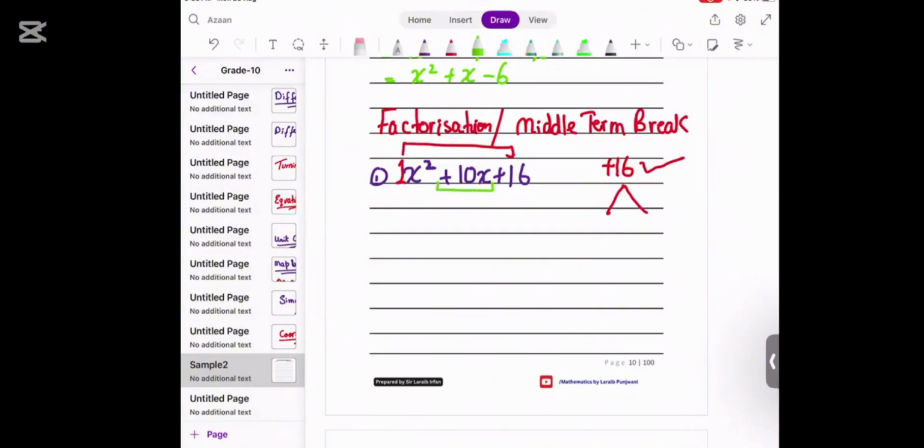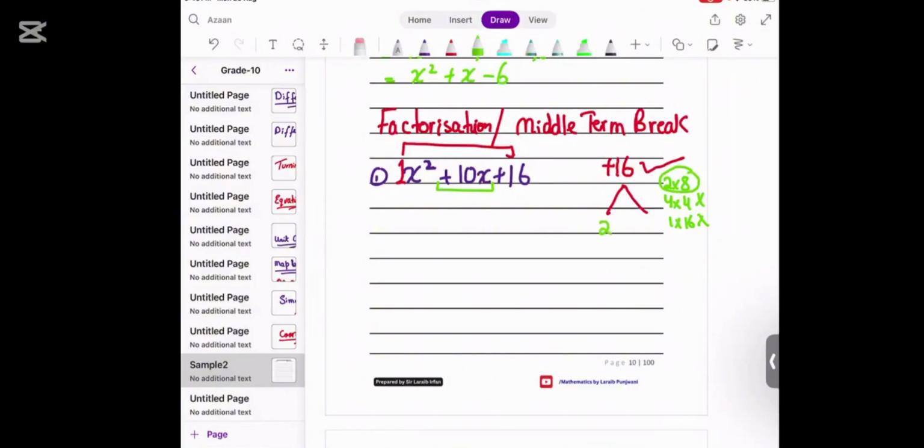Azan, remember? Yeah. Now we need to write down the factors of 16. We have 2 and 8, 4 and 4, and 1 and 16. Right now in the middle, we have to make 10. We cannot make 10 from 4 and 4, so this will not be the value.